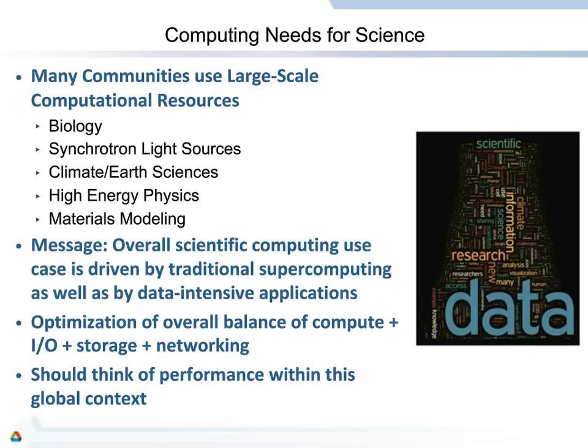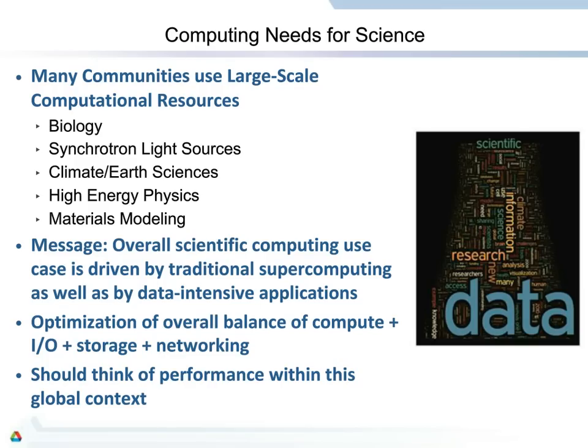So when you think about extreme scale computing, you should remember that there's going to be an overall balance of compute and I/O and storage and networking and simulation and analysis, and it's the big picture of the extreme scale workflow that you have to keep in mind. So if you have a task where someone says, try and optimize such and such, you should not think instantly, okay, I'm going to work on this particular optimization problem right away.